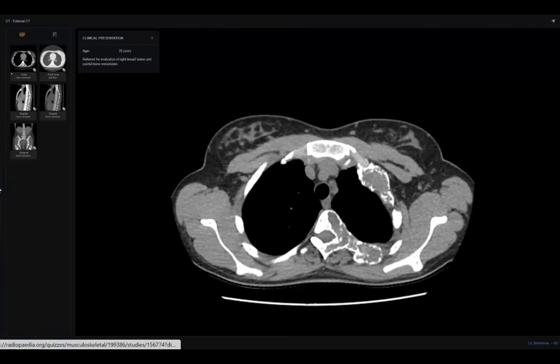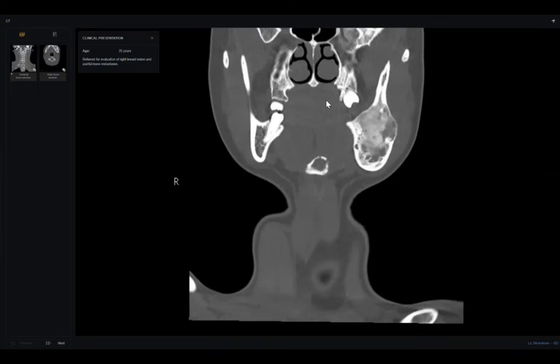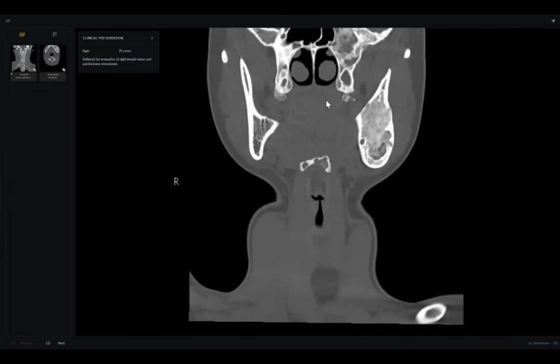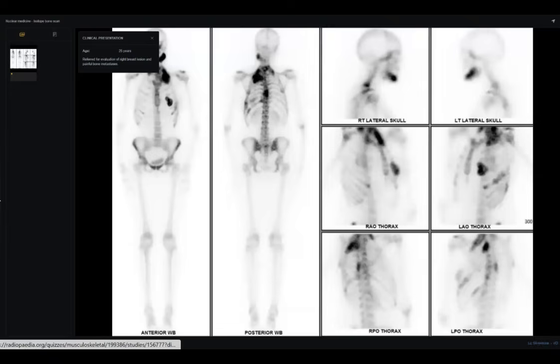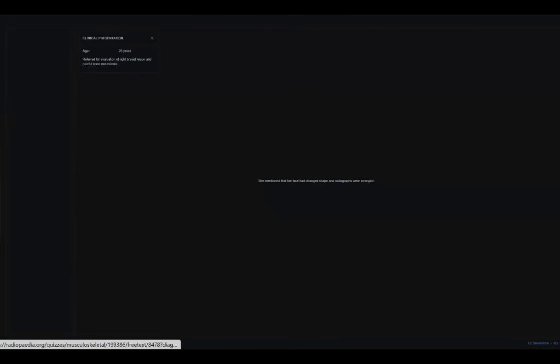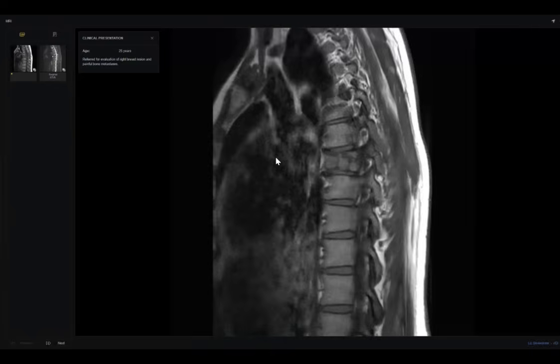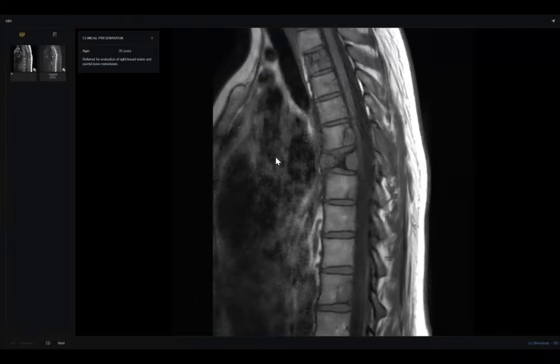If he asks for either mandibular CT or X-ray, it is very clear. Fibrous dysplasia is one of the very confusing diagnoses in MRI. Even here, it looks like a soft tissue mass, and you can't be 100% sure.